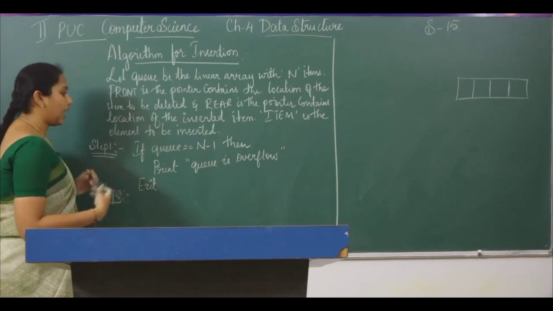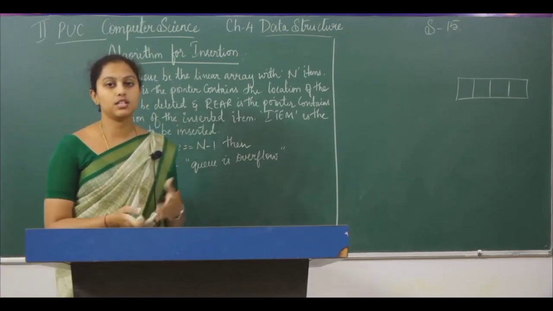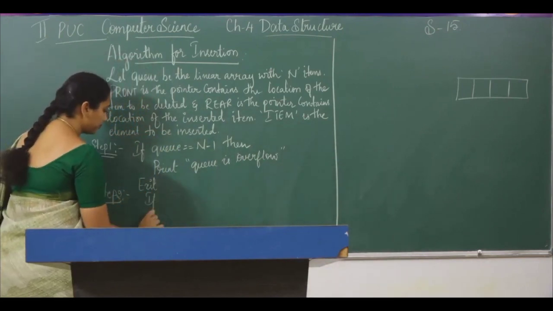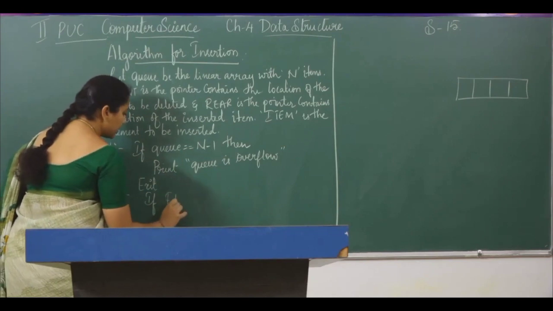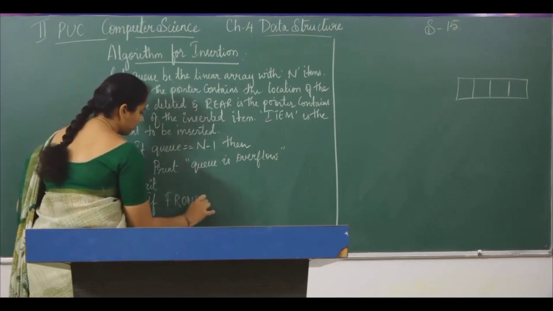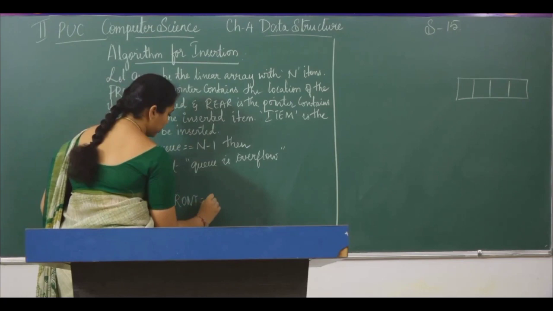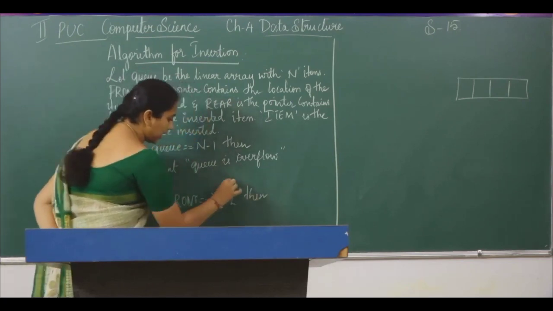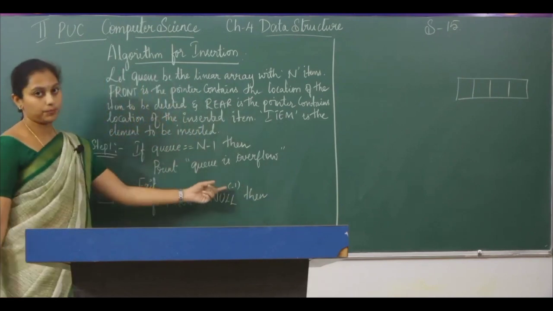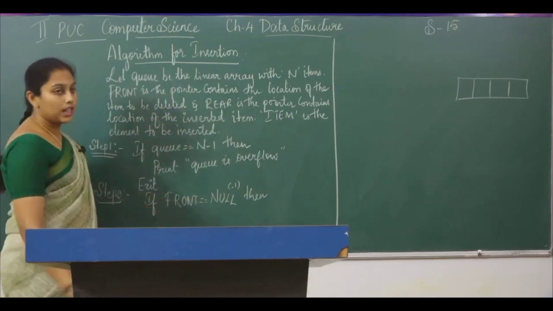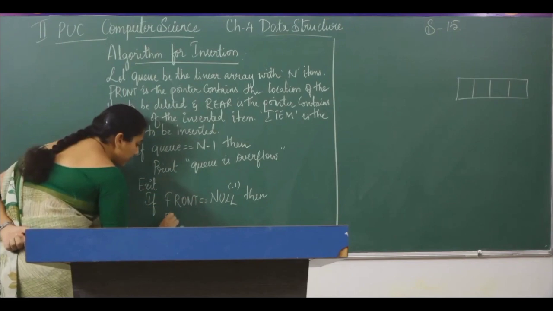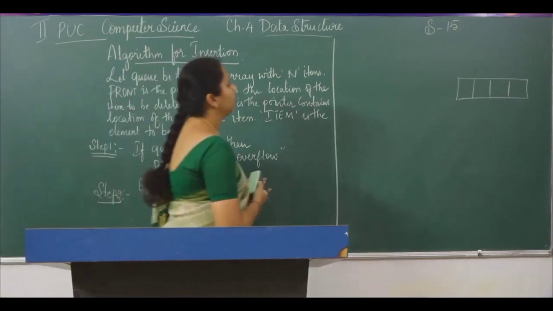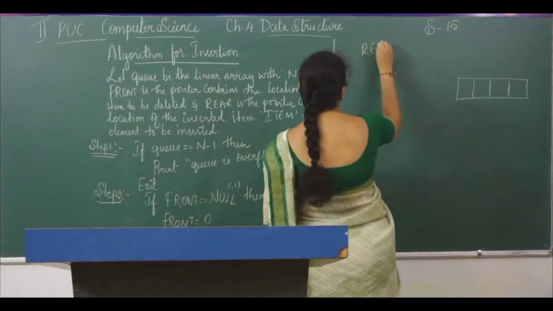We are checking for another condition, whether it is an empty queue or not. So if front is equal to null, or minus 1, we can say it as minus 1 also, then front is equal to 0, rear is equal to 0.